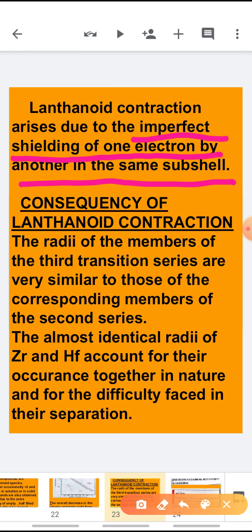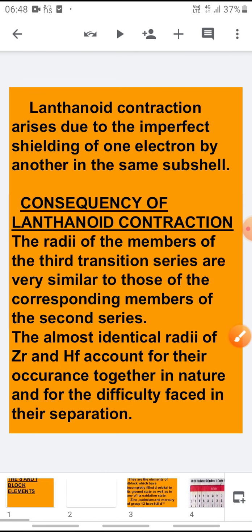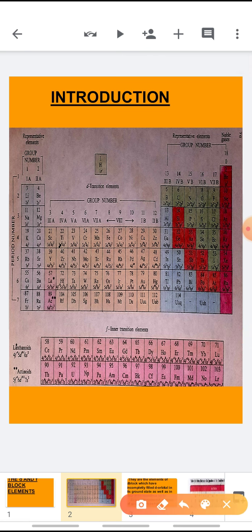The important part: the radii of the members of the third transition series are very similar to the corresponding members of the second transition series. That means the atomic radii of these elements are very similar to these elements.